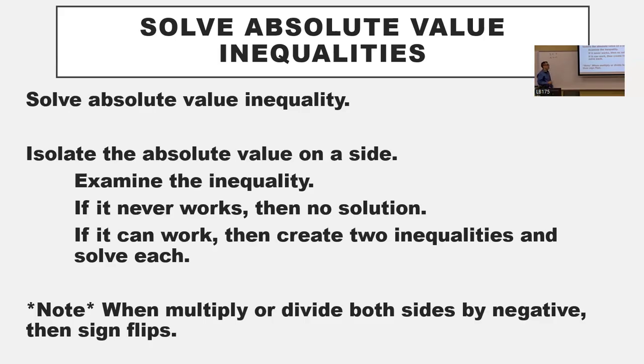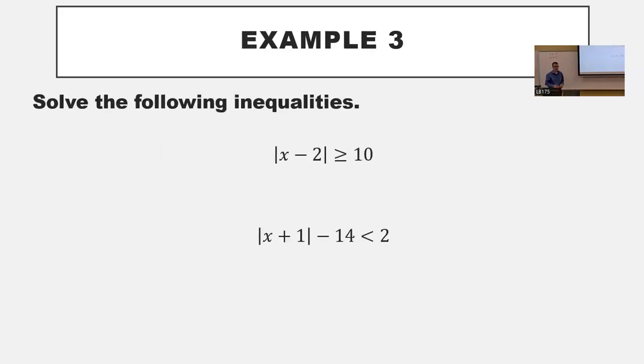Okay. So whenever we multiply or divide both sides of an inequality by a negative number, then we flip the sign. And that comes to play when we create our two inequalities as well. And I'll demonstrate that with these examples.